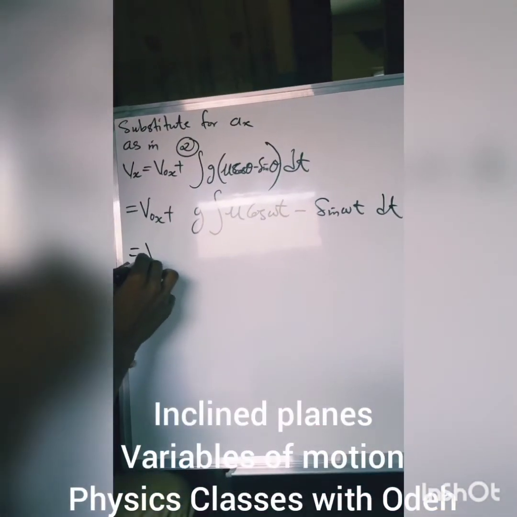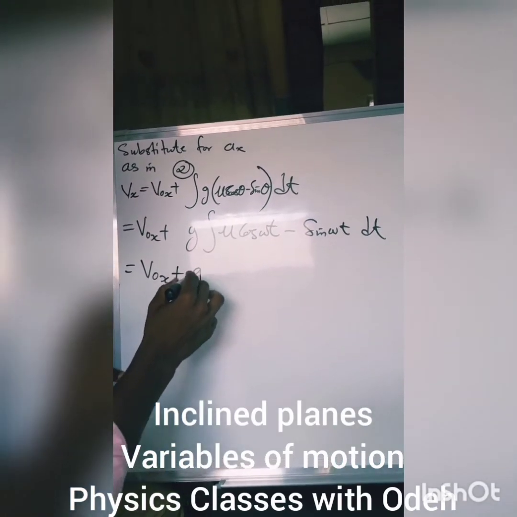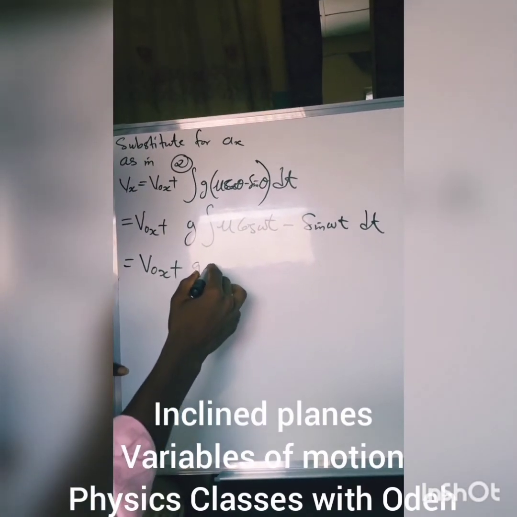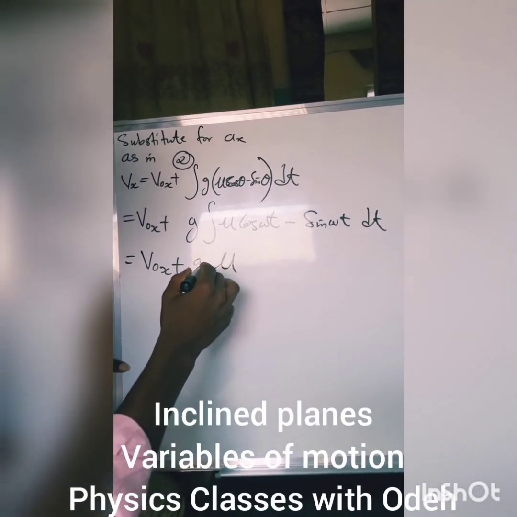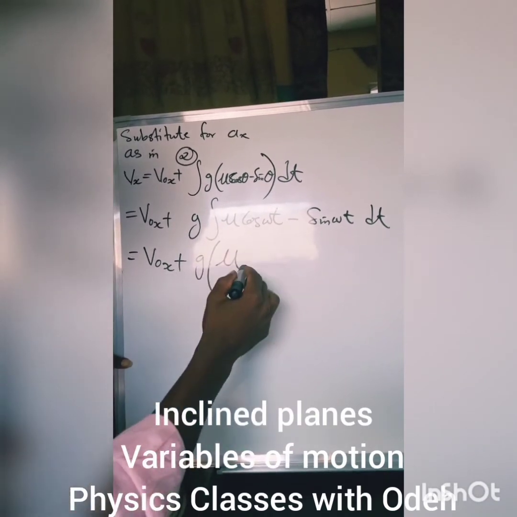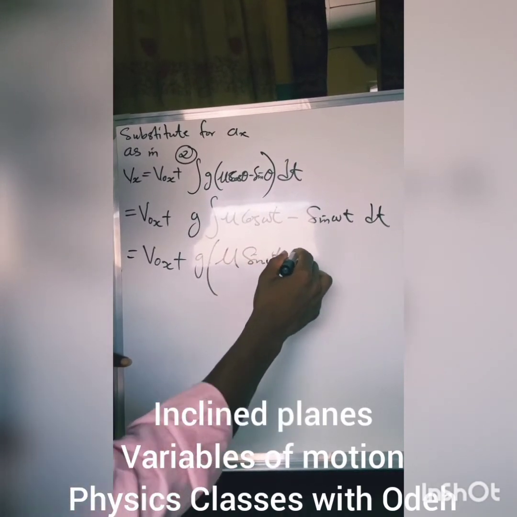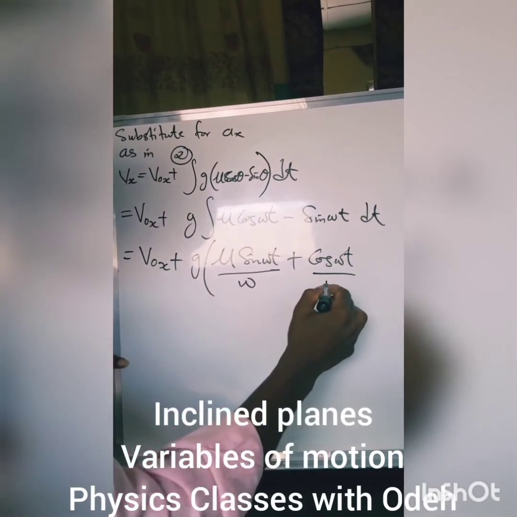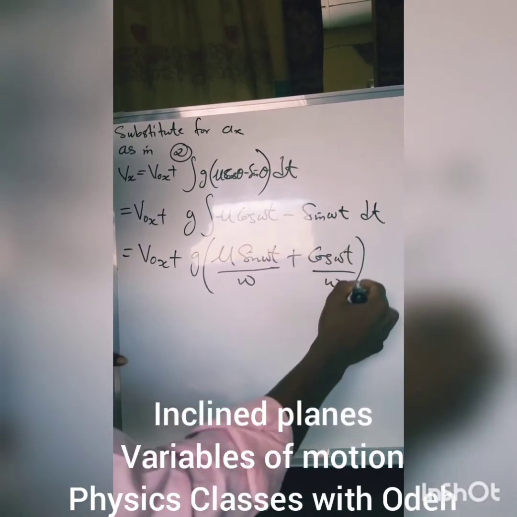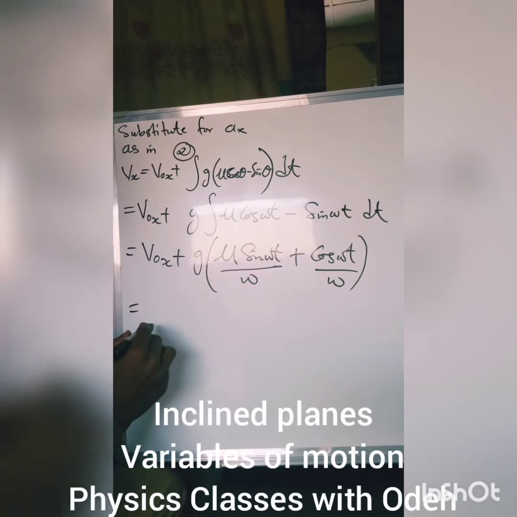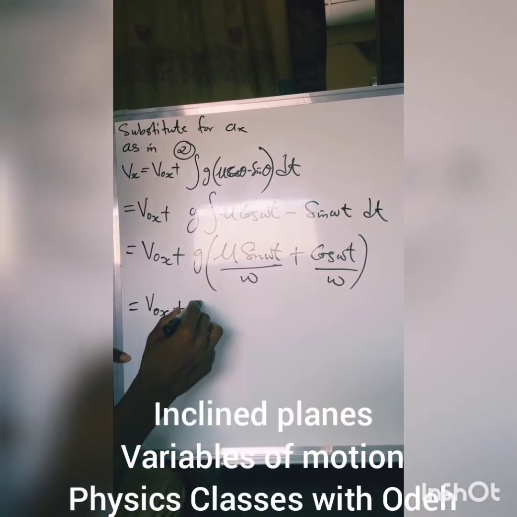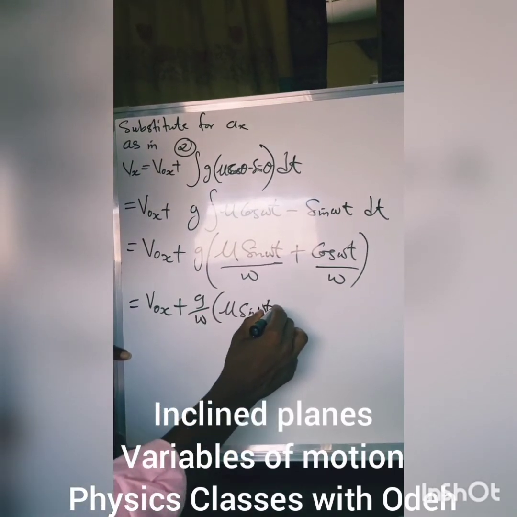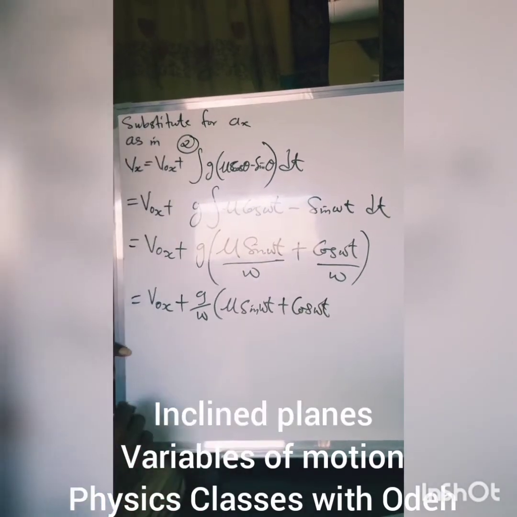Then we have v naught x plus g, the integration of this gives us mu sine omega t plus cos omega t all over omega. Then we have v naught x plus g all over omega into mu sine omega t plus cos omega t.